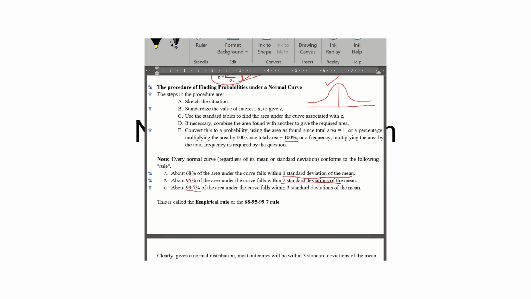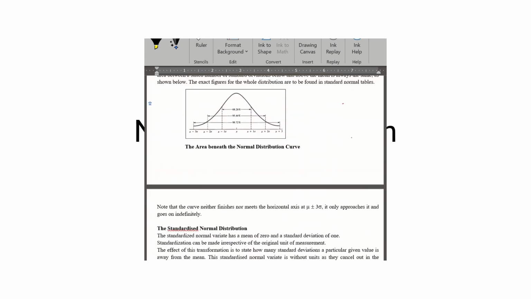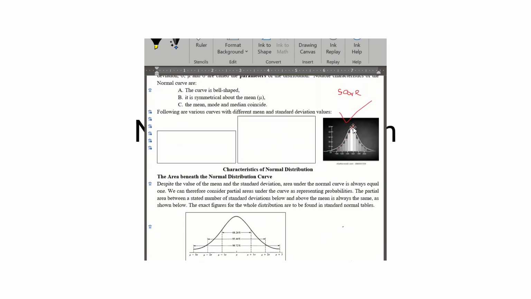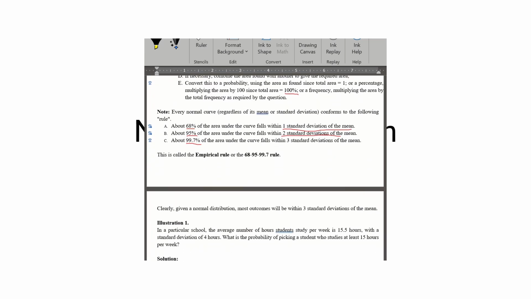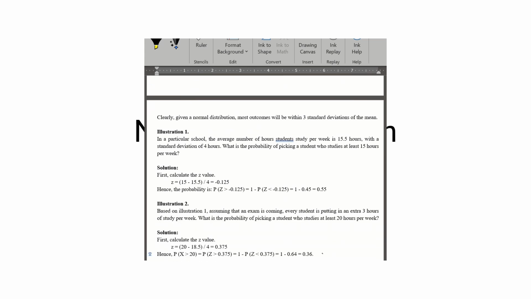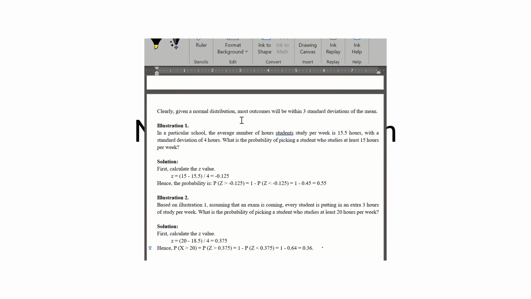This is in line with the diagram we have above, the image here. When you look at it, you see that it conforms to that situation. If the curve is actually normal, this is how the distribution of the data will be, and it will conform with that rule.